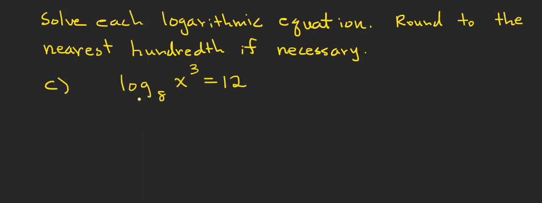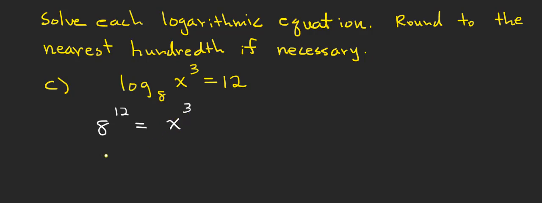Now we need to solve log base 8 of x cubed equals 12. So this is a logarithmic form. In order to solve for x, we have to change it to exponential form. So base is 8, exponent is 12, that should equal x cubed. So how are we going to solve for x? We need to get rid of the power 3.